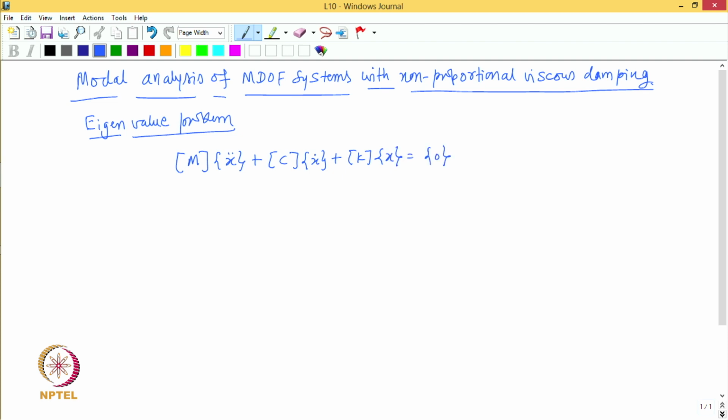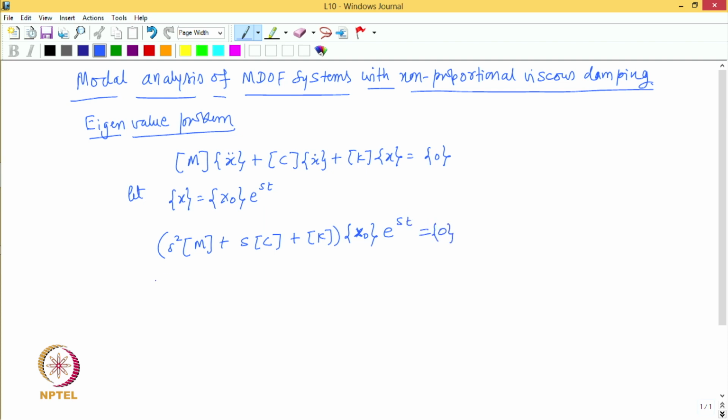So, this is nothing but the equation of motion for the free vibration, and if we assume the free vibration solution to be of this form, that is x is equal to x naught e to the power st, and if we substitute it in the equation of motion, what we get is (s square M plus s C plus K) x naught e to the power st is equal to 0.